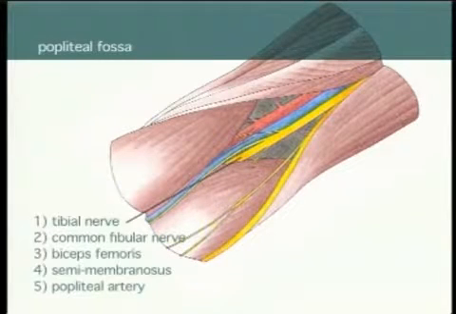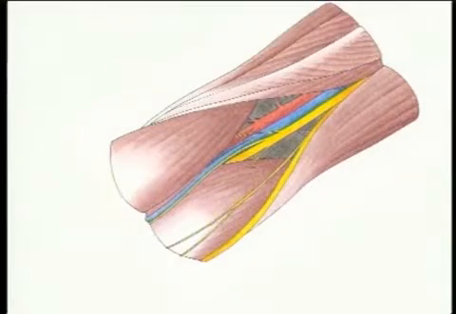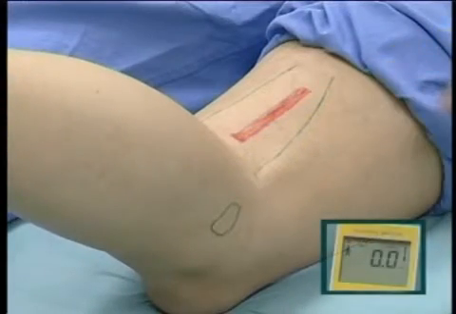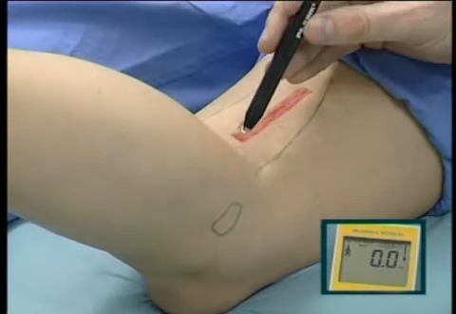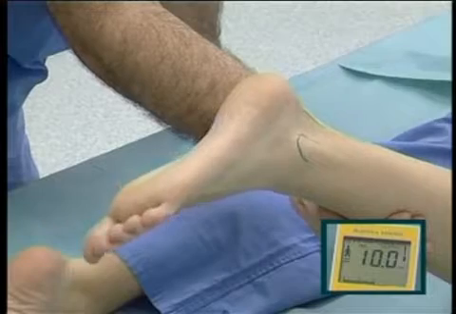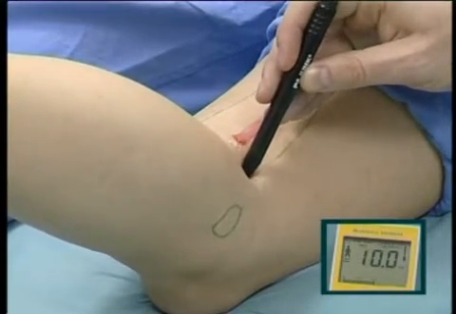Knee block. Key landmarks are biceps femoris at the lateral border of the patellar triangle, semimembranosus medially, the popliteal artery in between, and the patellar crease below. Paresthesia is local. Motor response is shown by plantar flexion by tibial nerve stimulation, followed by dorsiflexion of the foot via the common fibular nerve.